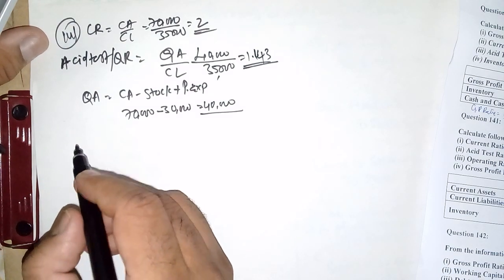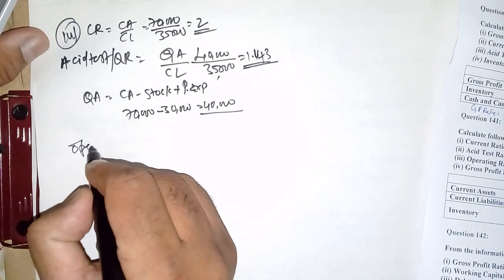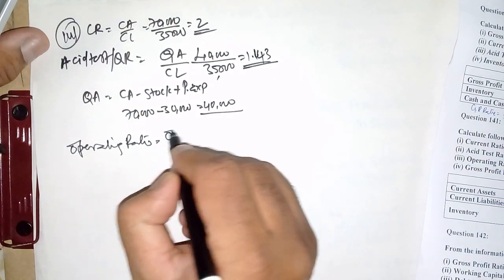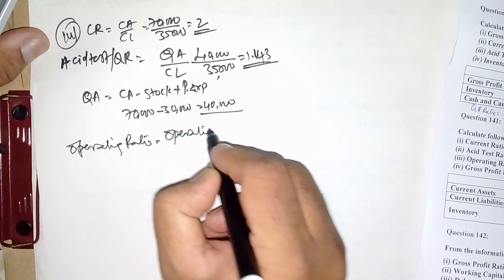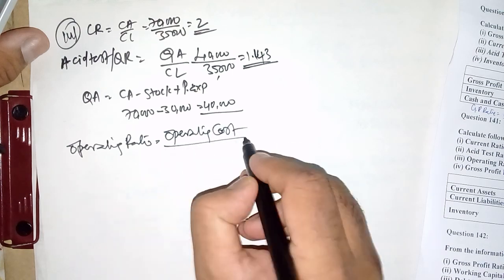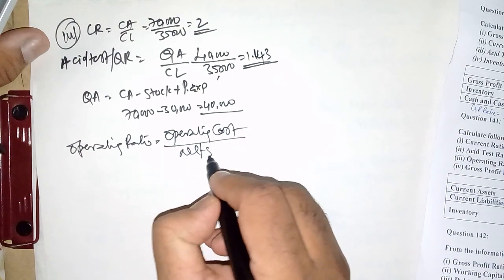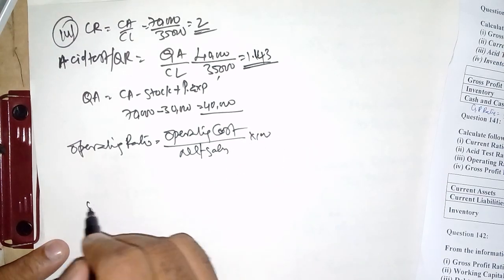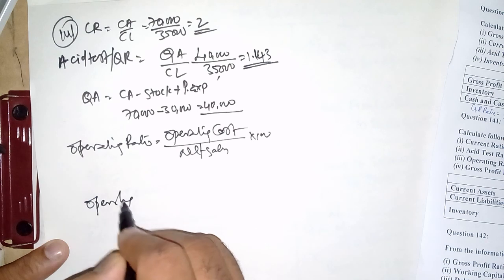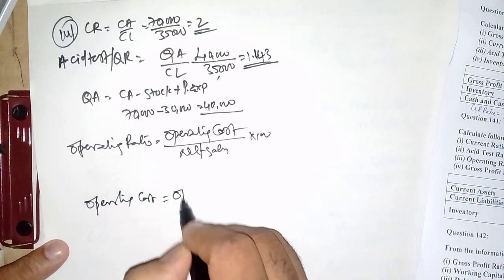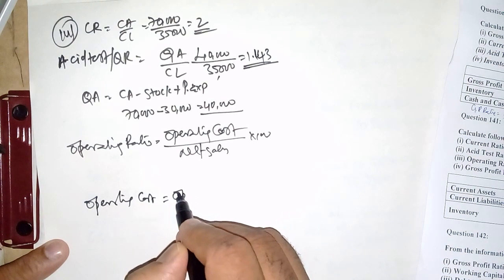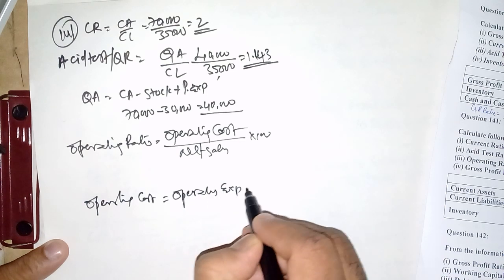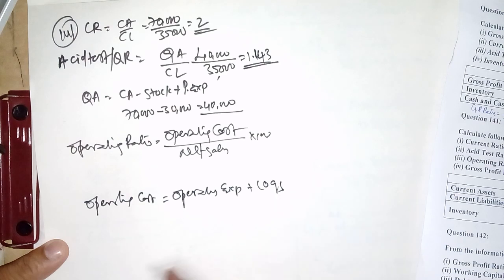Next, after the acid test ratio, the operating ratio: operating cost divided by net sales into 100. Here, operating cost is equal to operating expenses plus COGS, cost of goods sold.